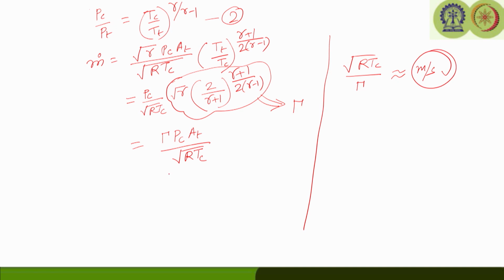So, eventually, this part is actually coming as some kind of a transfer function we can say, which is relating the chamber pressure and the throat area with the mass flow rate. So, this term is called the C star or the characteristic velocity.